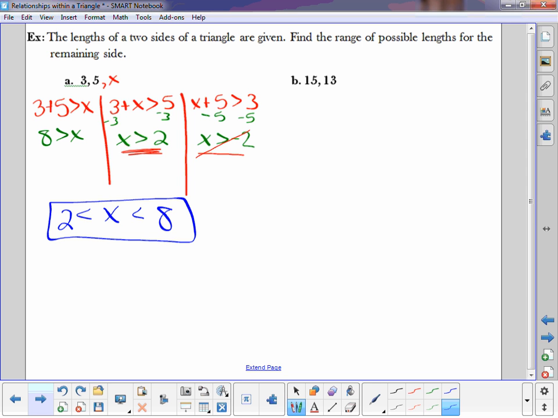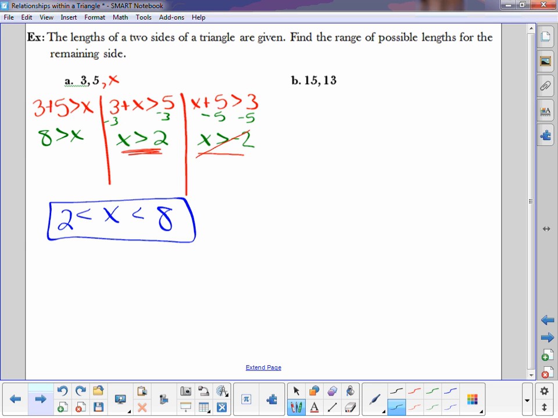All right. Now, let's take a look at a shortcut for this. So again, I don't know if x is my small, medium, or large side. So this range gives me those possible different options that will accommodate for that.